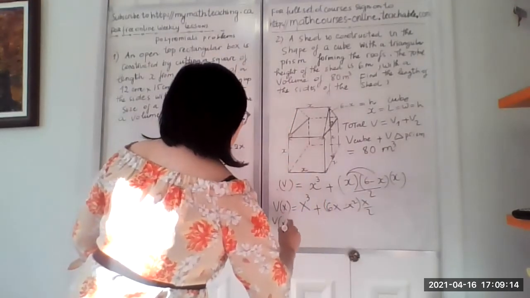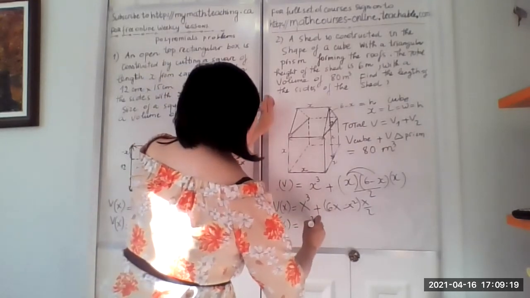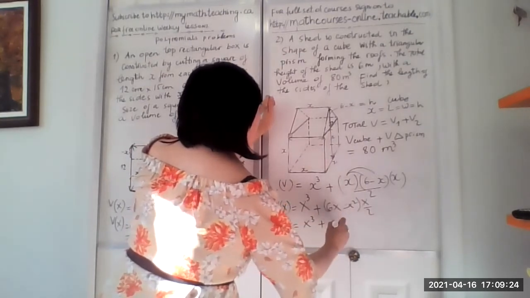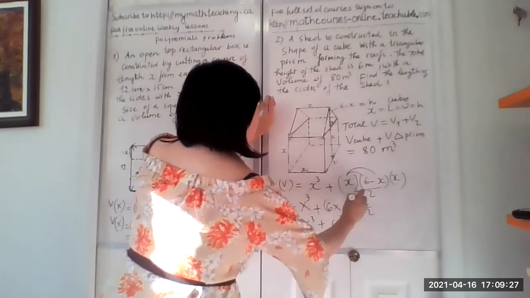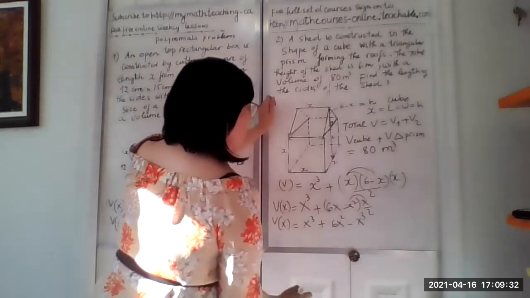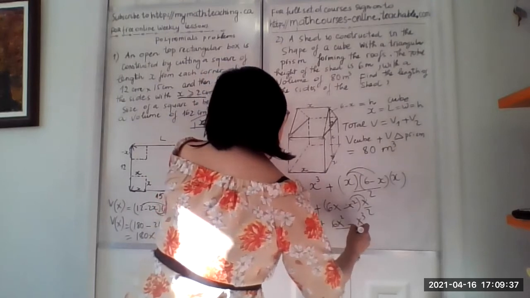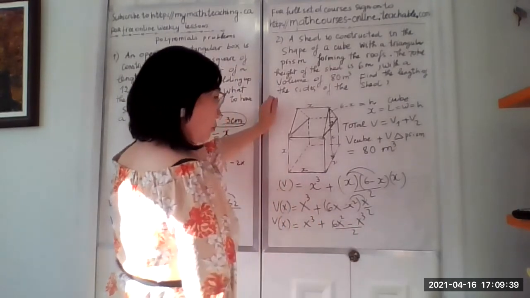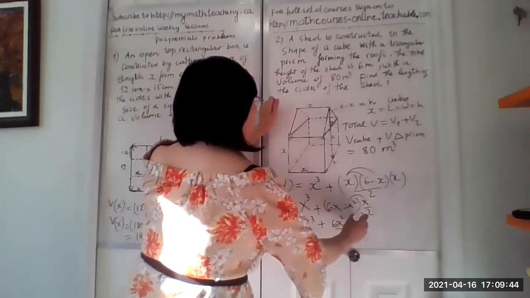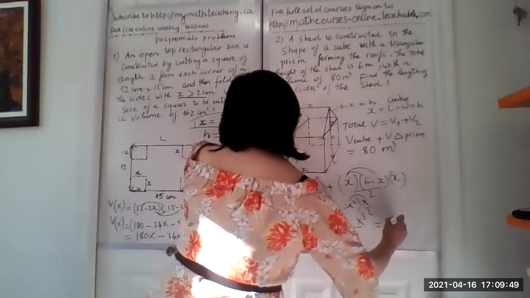So volume of x here will be equal to x to the power 3 adding with this times this, which will be 6x squared. This times this will be minus x to the power 3, right? And all of this divided by 2. Okay, so 6x squared minus x to the power 3 divided by 2. Yes. And this volume will be equal to 80.